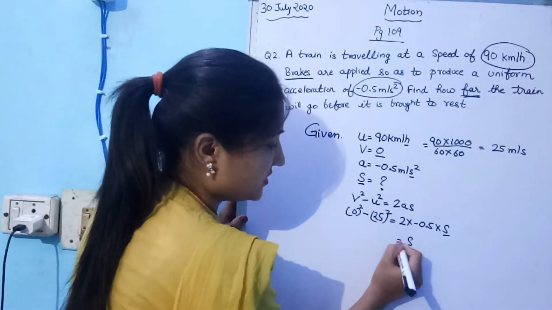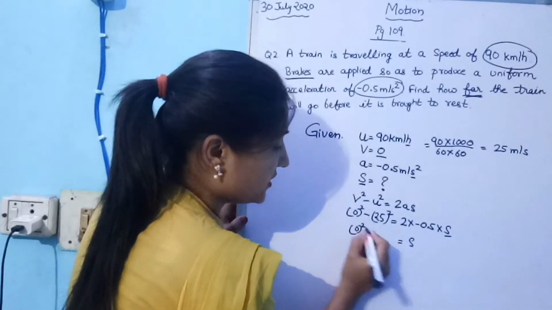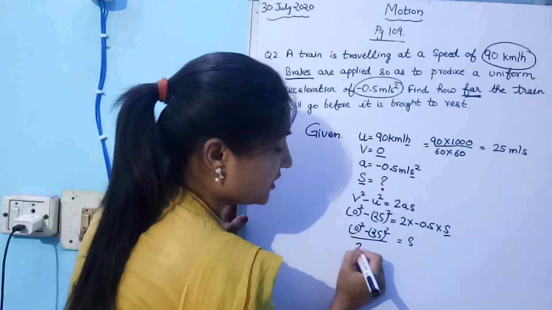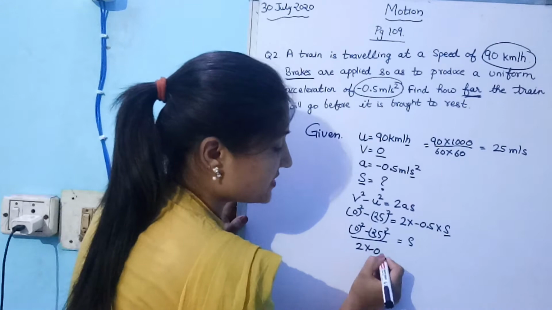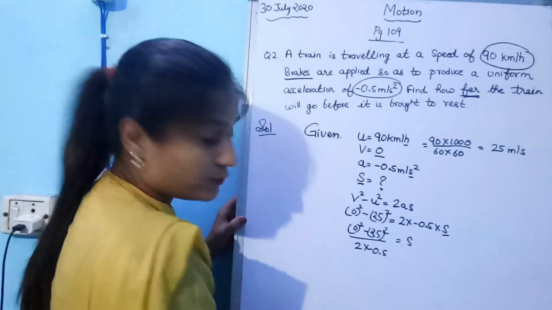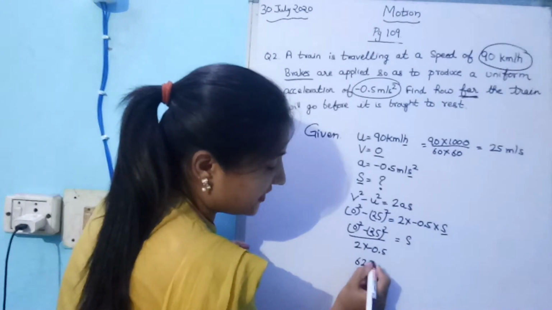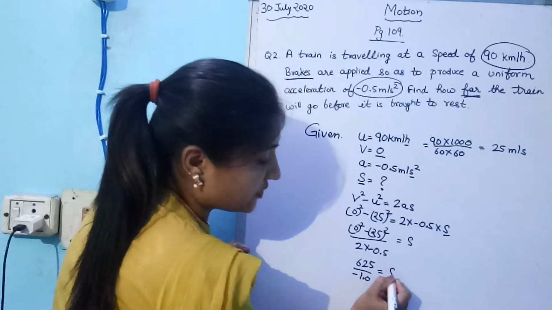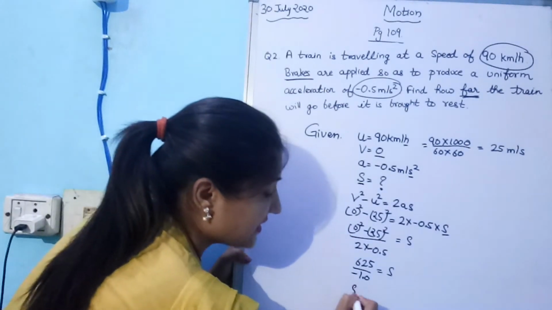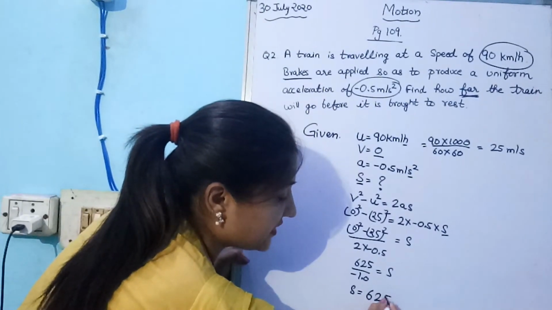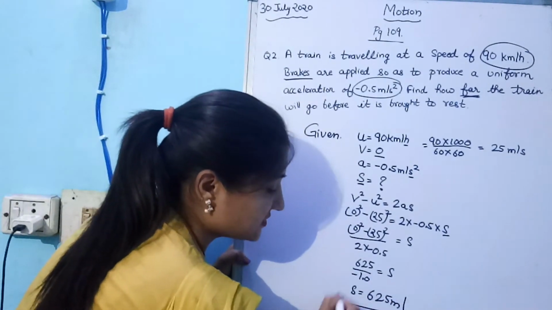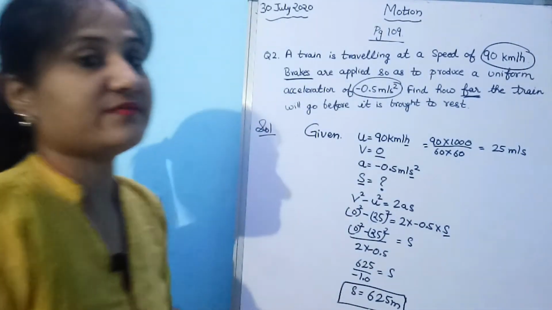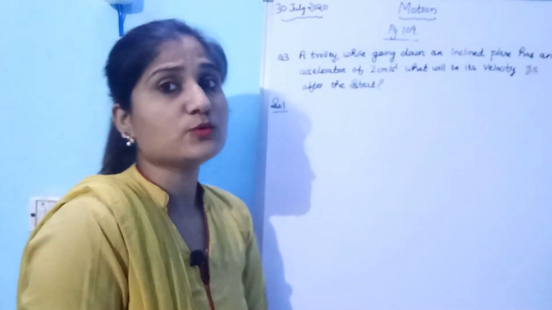So s is 0 square minus 25 square divided by 2 into minus 0.5. 25 into 25 is 625, and 2 multiplied by 0.5 is 1.0, so s is equal to 625 meters. So how far does the train go? Distance is 625 meters.